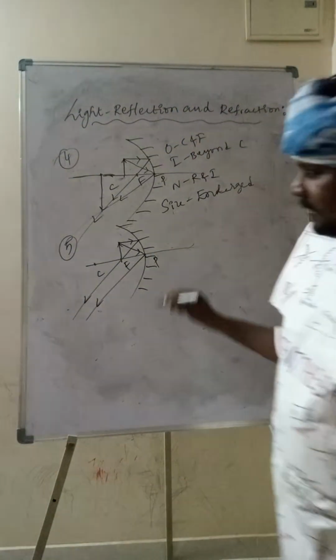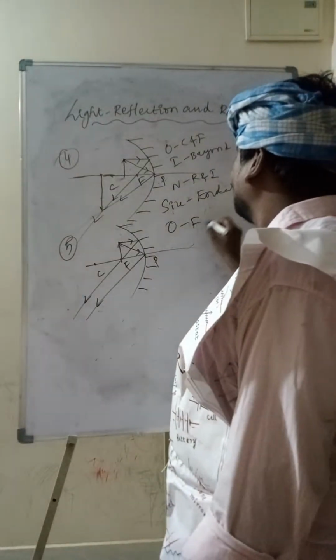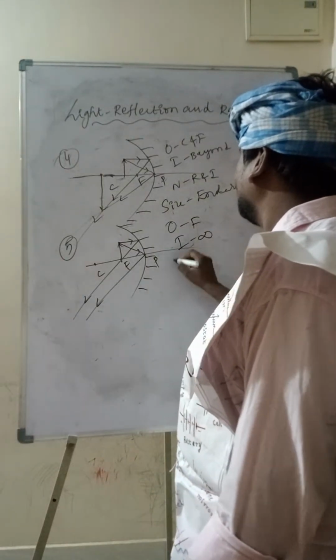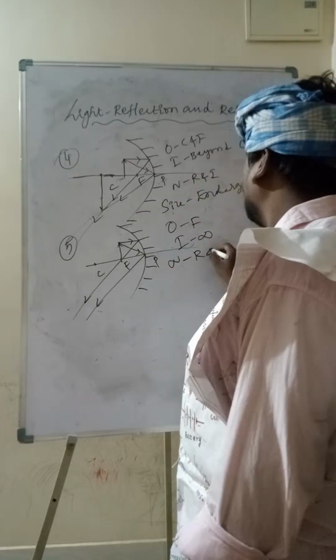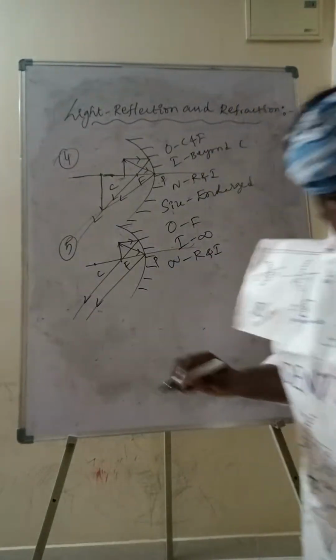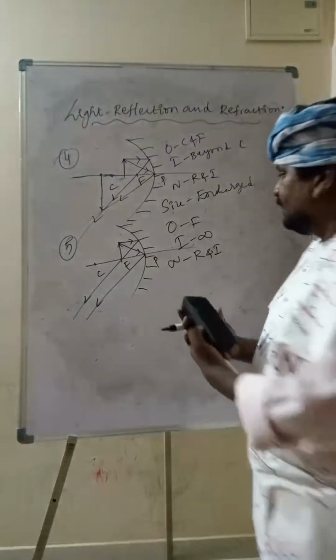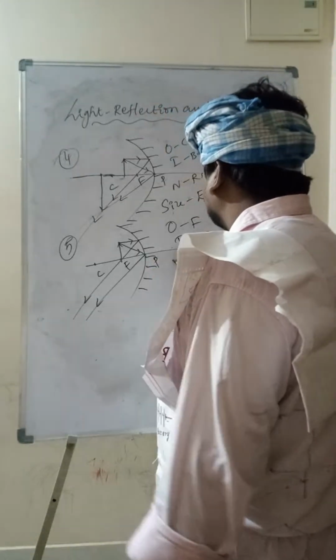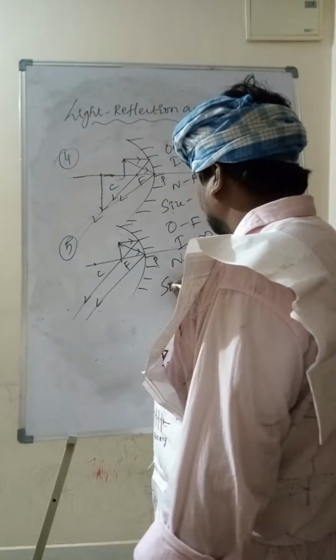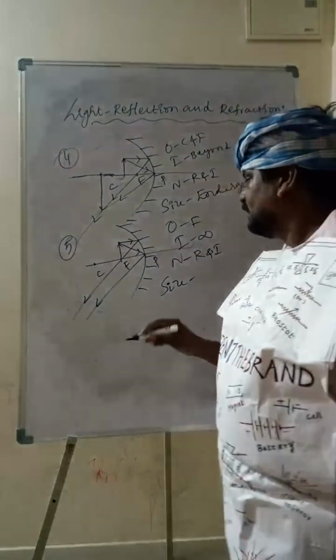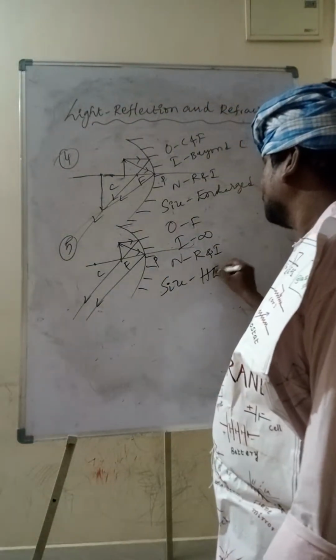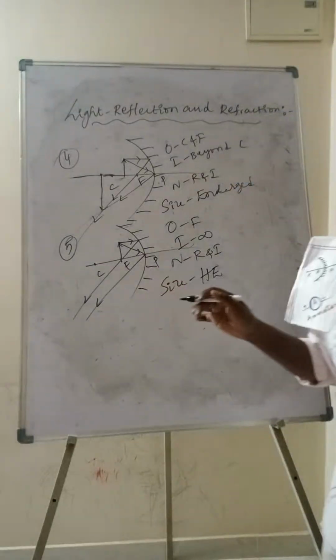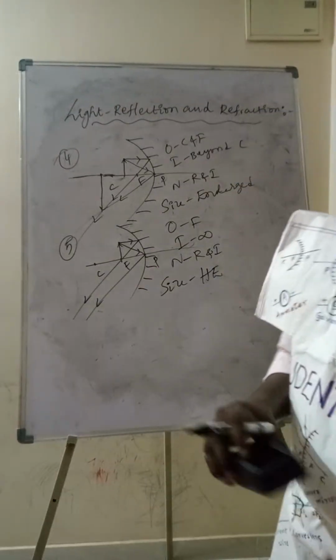Okay, object is placed at F, image will form at infinity. Nature is real, inverted. Size is highly enlarged. So one more last case is there, very very important case.